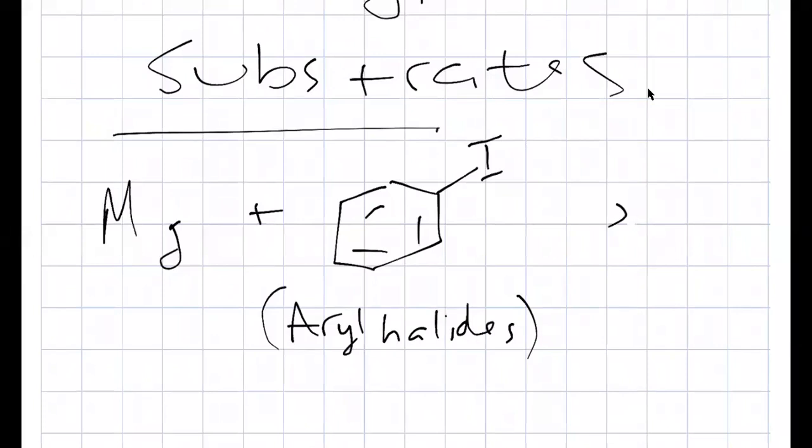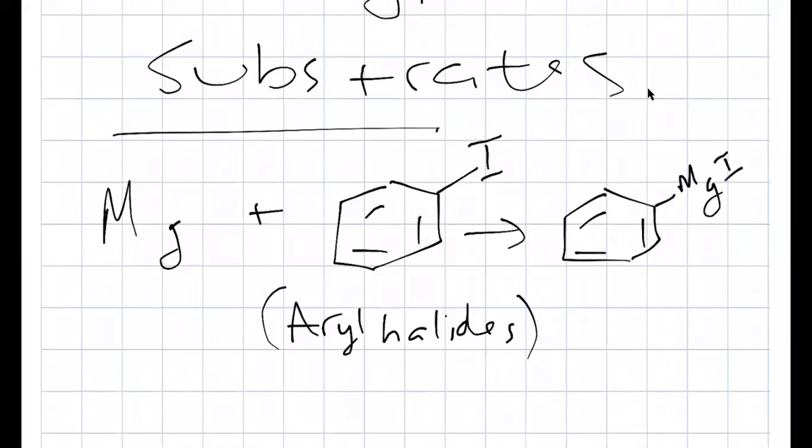That's going to give me this Grignard right here. Very high yielding reaction too. But the mechanism is probably a little different here. It probably doesn't go through a radical because of that sp2 carbon. Maybe some type of insertion. I'm not even certain what mechanism this goes through.